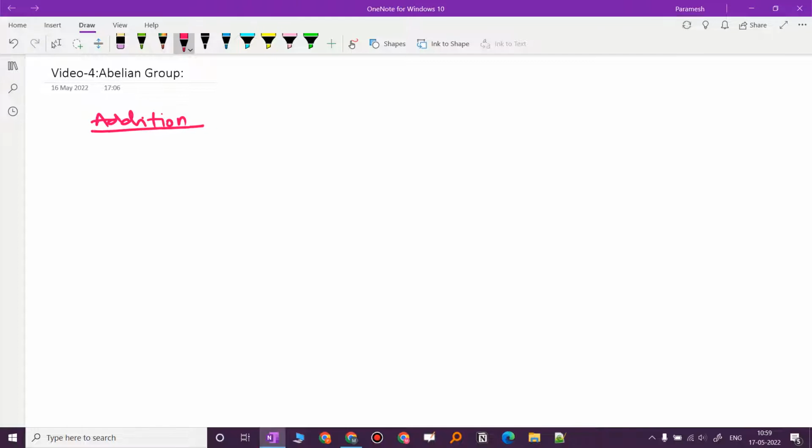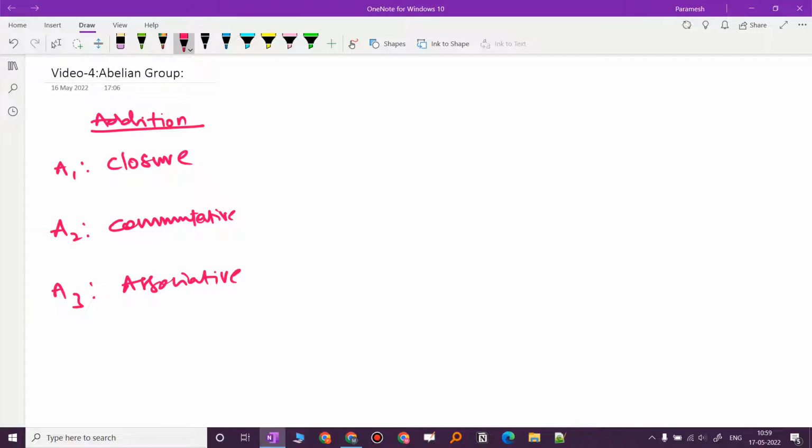A1 is closure, A2 is commutative, A3 is associative, A4 is identity, A5 is inverse. These are the 5 properties.